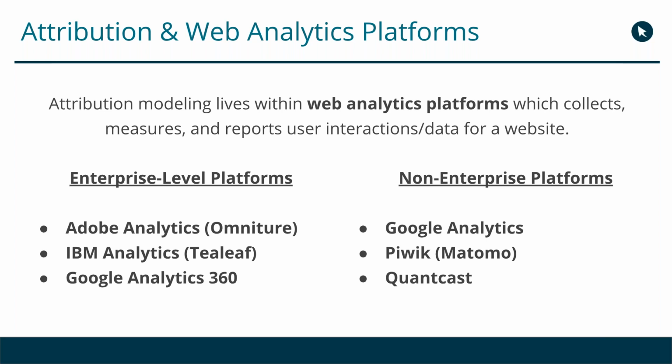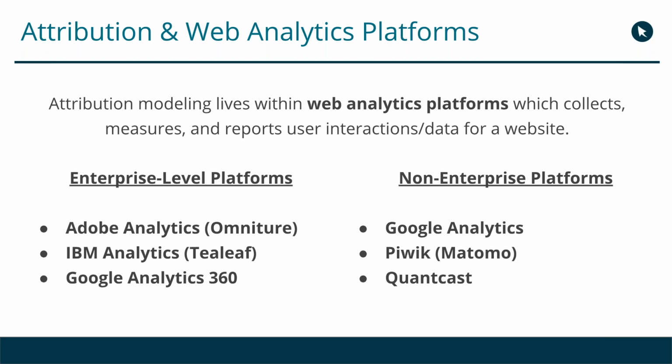Most of you are probably using Google Analytics, which is listed on the right side under non-enterprise level platforms. On the left, we did want to mention some of the enterprise level platforms. We do have some clients that are using these, like Adobe Analytics, which used to be known as Omniture, and IBM Analytics, which used to be known as Tealeaf, and of course GA 360, which is the enterprise level paid version of Google Analytics.